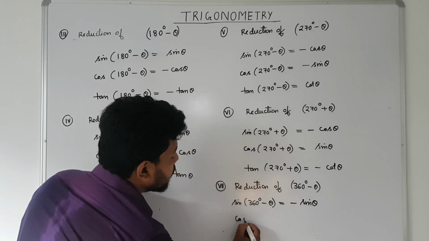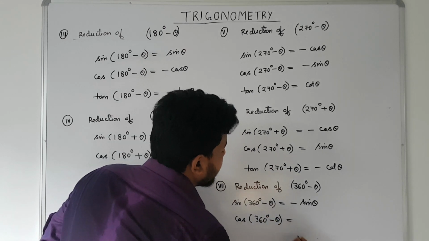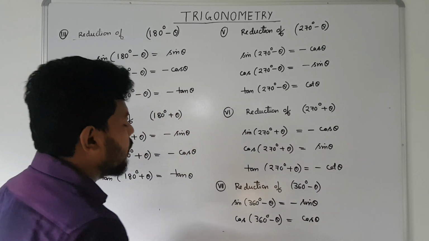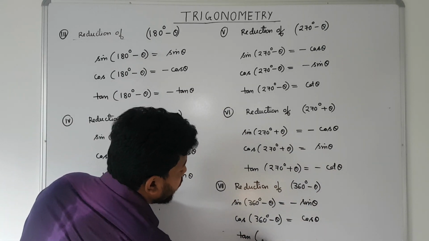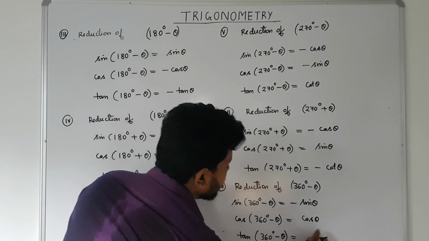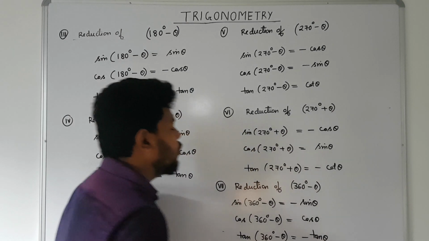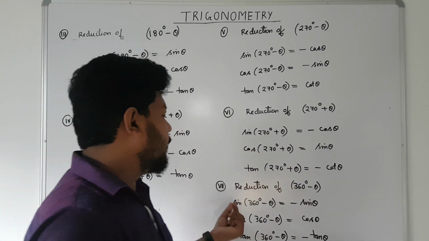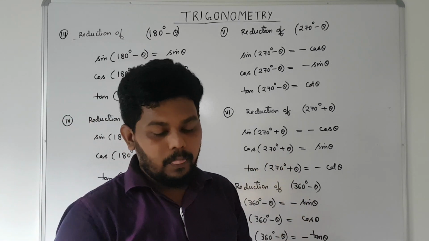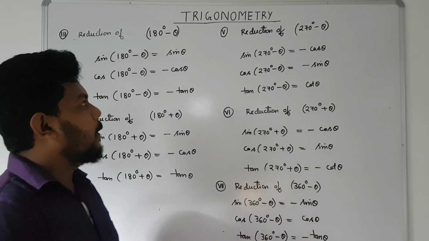For cos of 360 degree minus theta, it is cos theta. In fourth quadrant, cos is positive, and for tan of 360 degree minus theta, it is minus tan theta. So we can reduce into acute angles for large angles. Okay, so this is called reduction formula of trigonometric ratios.